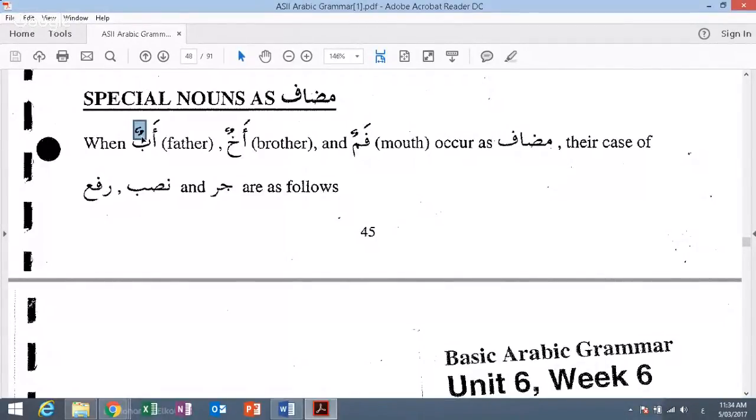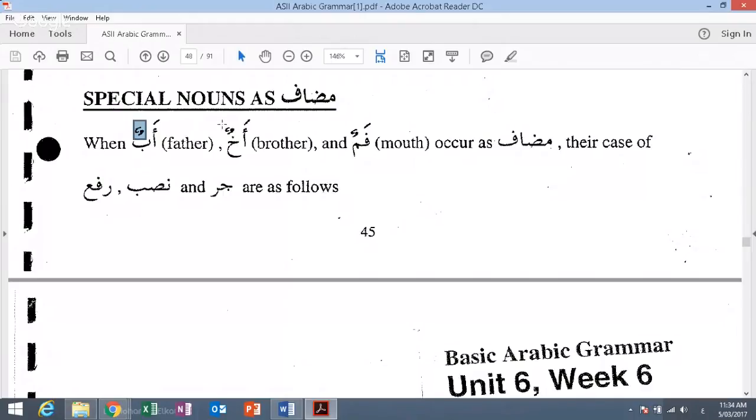Let's say Zaid. Ab is one noun, this means father, and Zaid is another noun. So 2 nouns. You are ascribing Ab to Zaid. So basically, we think that we are going to put the Rafa on it, isn't it?